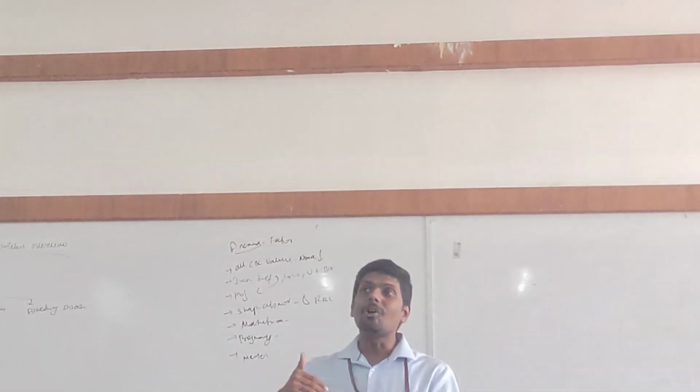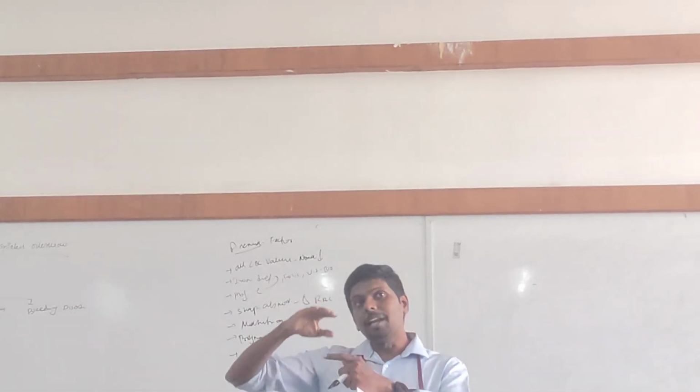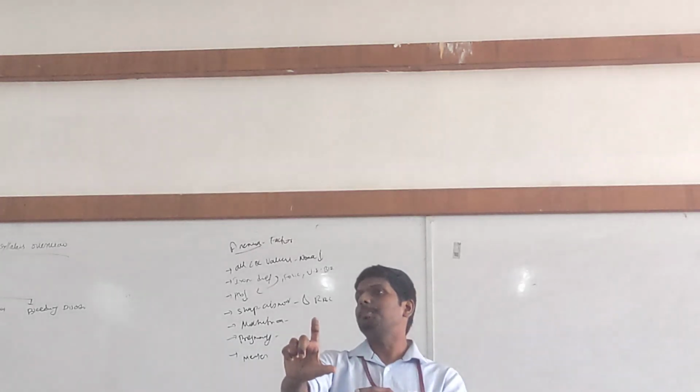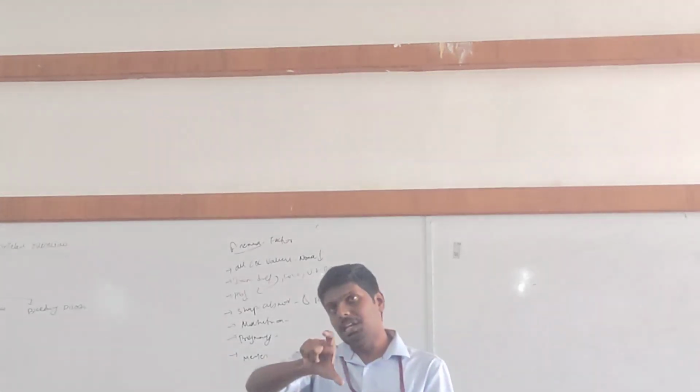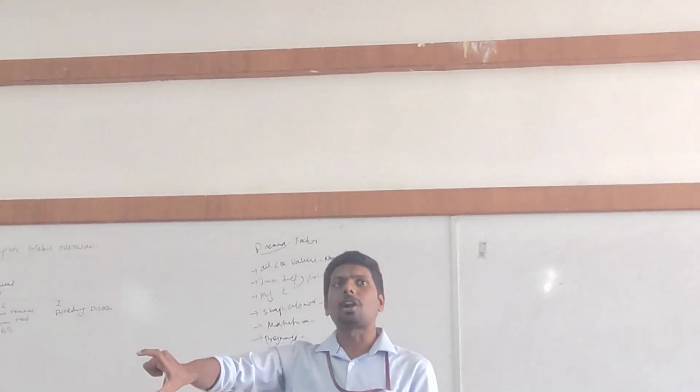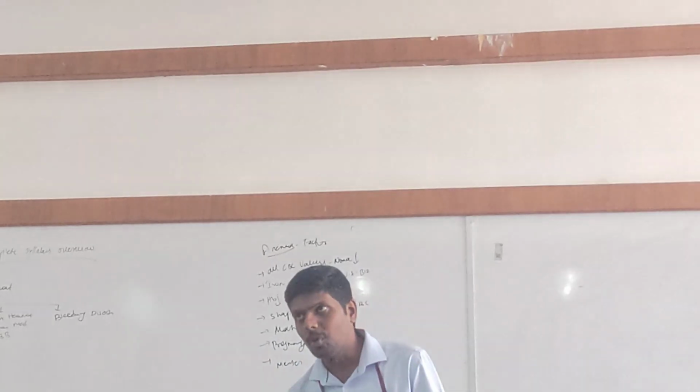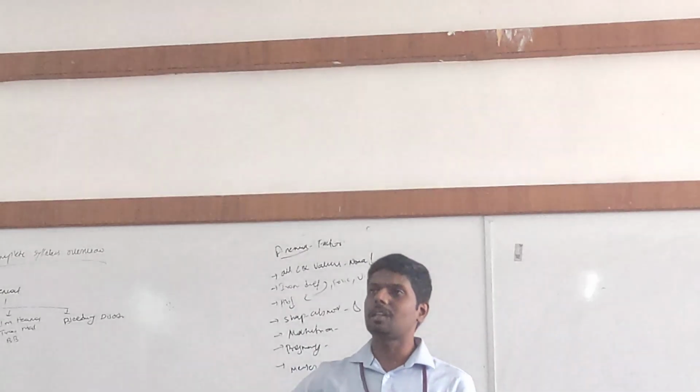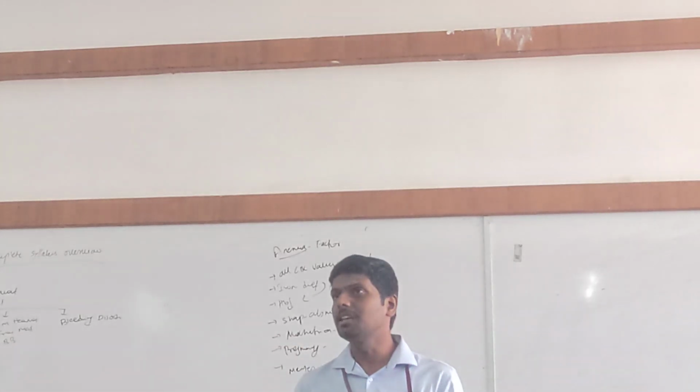So the mother's blood volume will increase, but red blood cells remain the same, because there is a normal capacity of red blood cell production by the mother. Her bone marrow cannot crank out more red blood cells than her capacity.